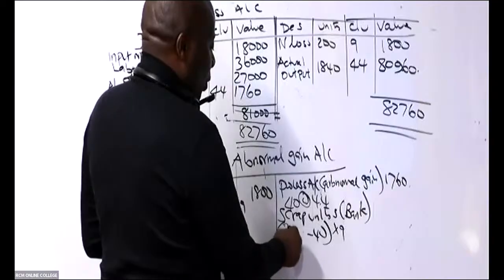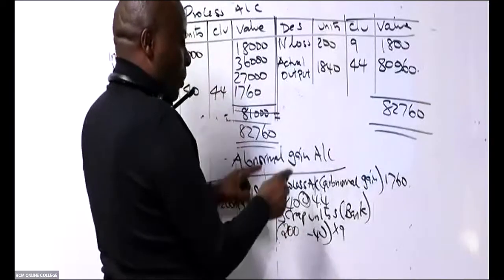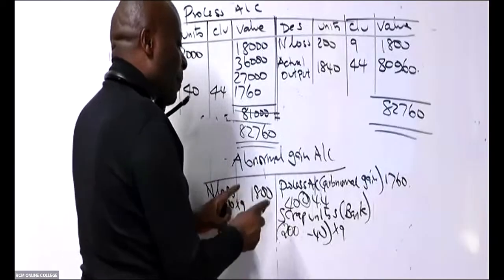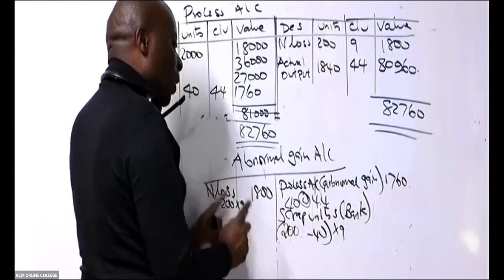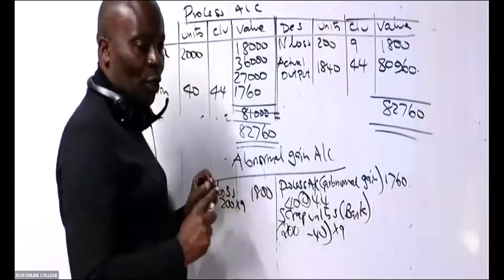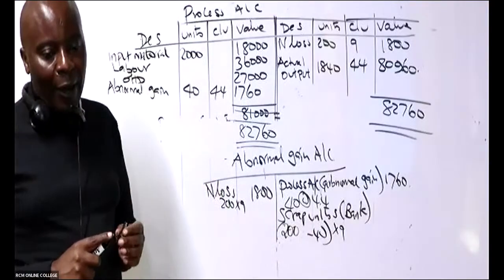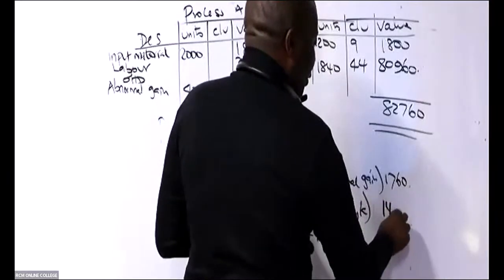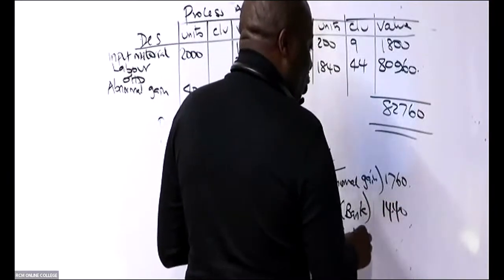So it will be 200 because we expected 200. Remember, these are units. 200, but we saved 40. So then 200 minus 40, whatever answer you get, times 9. That is what we shall be able to receive in our bank, which gives us 1440. Like that. So then go ahead and balance.